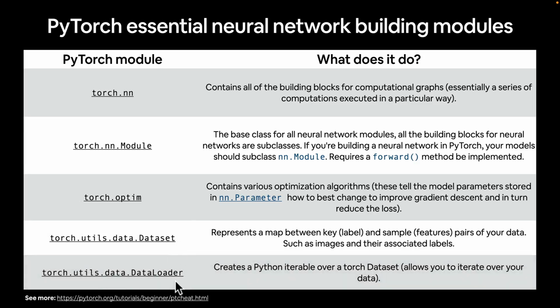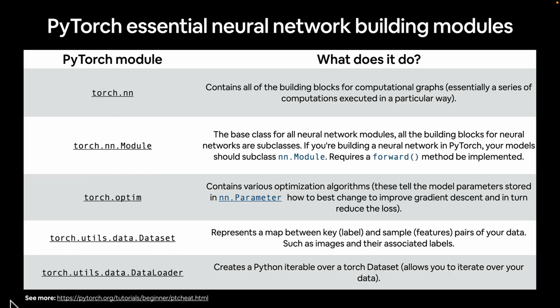We're going to see these two later on, but these are very helpful when you've got a more complicated dataset. In our case, we've got just 50 integers for our dataset, a simple straight line, but when we need to create more complex datasets, we're going to use these. So this will help us build models, this will help us optimize our model's parameters, and this will help us load data.